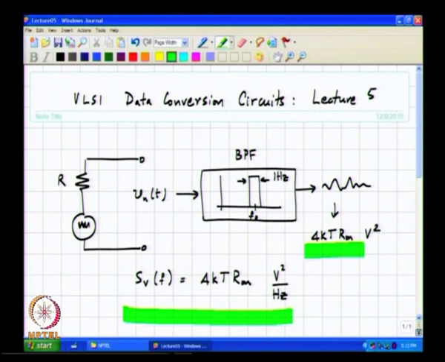A couple of things that one should notice. What is so striking about this relationship? The mean square voltage is 4 kT R on volt square, and the key point to note is that this is completely independent of the center frequency of the band pass filter.